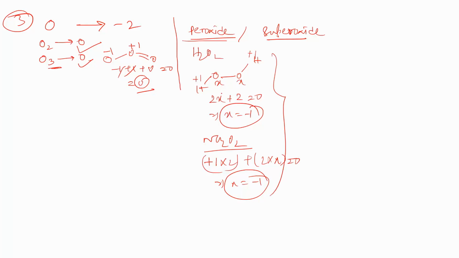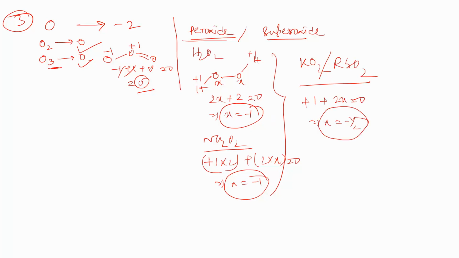But what about the superoxide? Suppose for the superoxide case, potassium KO2 or rubidium RbO2. What will be the oxidation state? We know that potassium is an alkali metal, so it will have +1. So +1 plus 2x equals 0. So x equals -1/2.